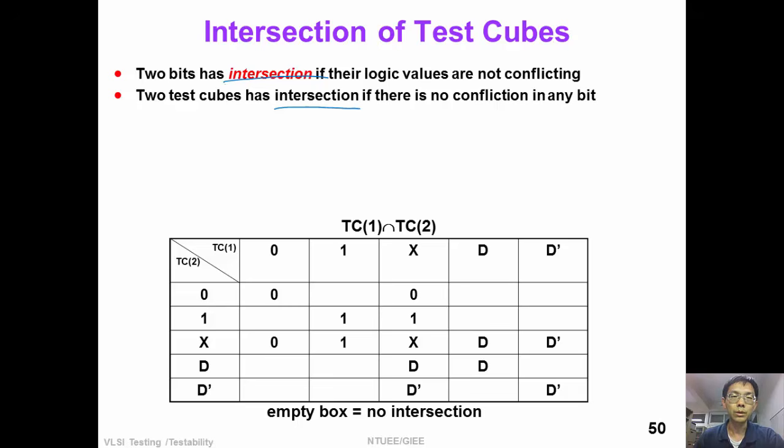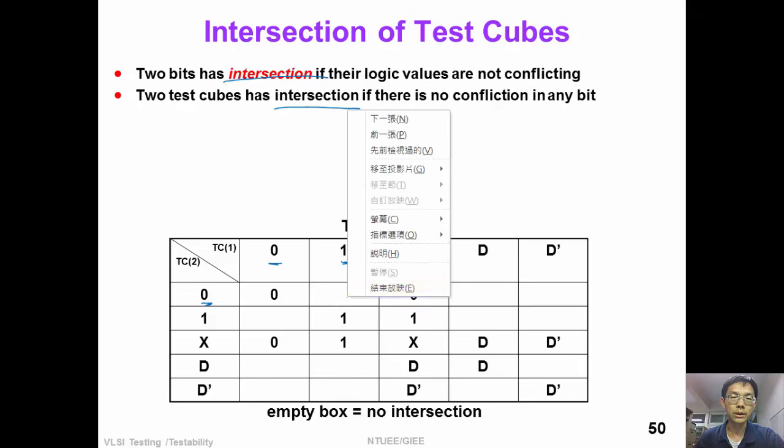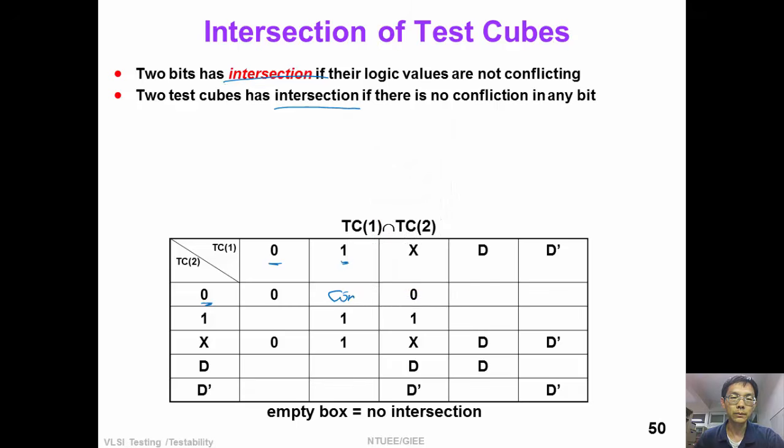For example, 0 and 0 are not conflicting. 1 and 0 is conflicting. In this table, empty boxes mean there is no intersection.